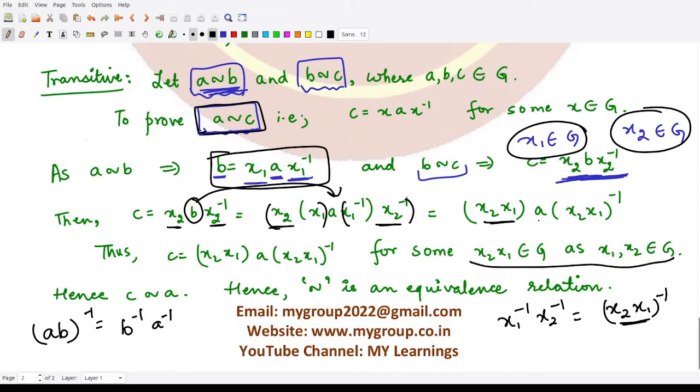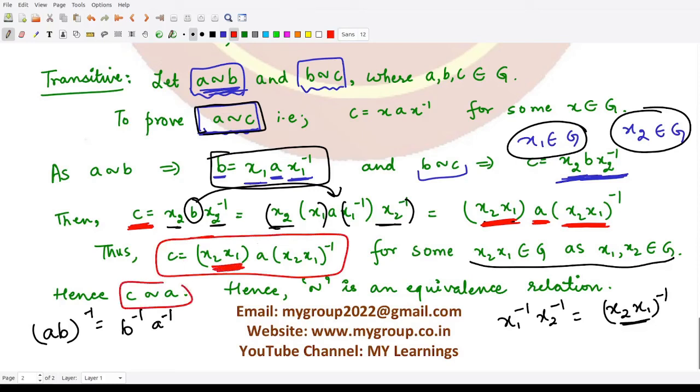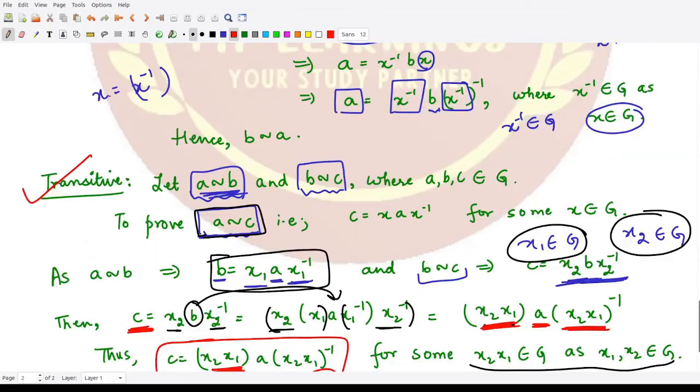So therefore we have now expressed our C as some member from G times A times the inverse of that particular member from G. So C is expressed in this way, where this element is present in G, so we can clearly say C is related to A. So therefore we have the transitive property with us also.